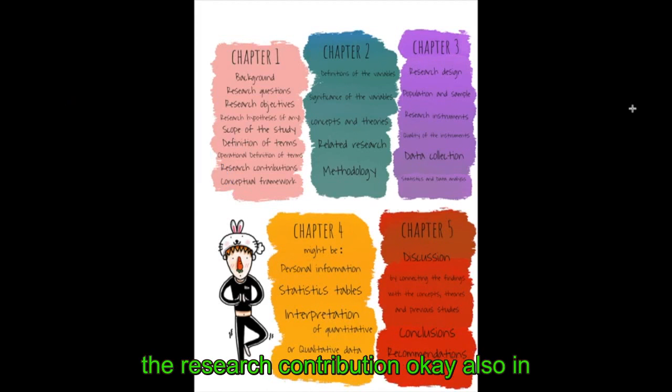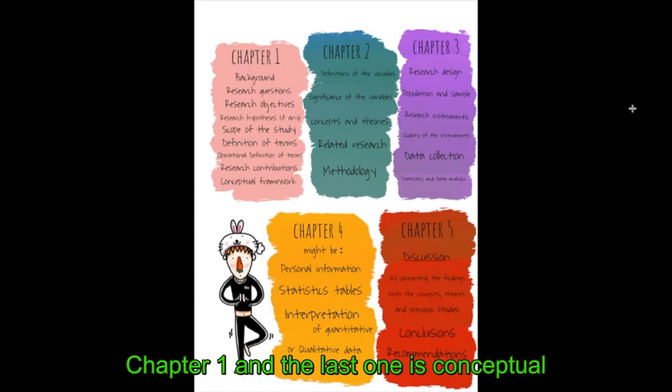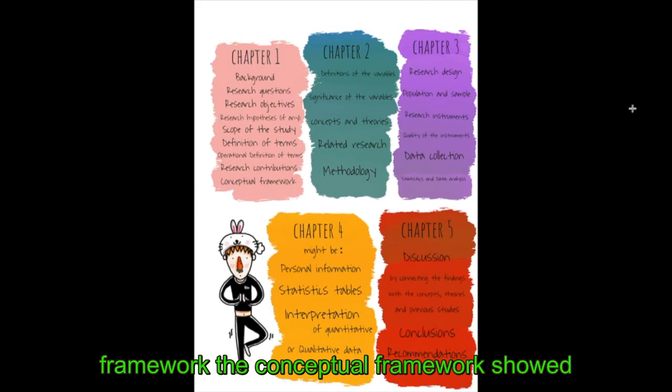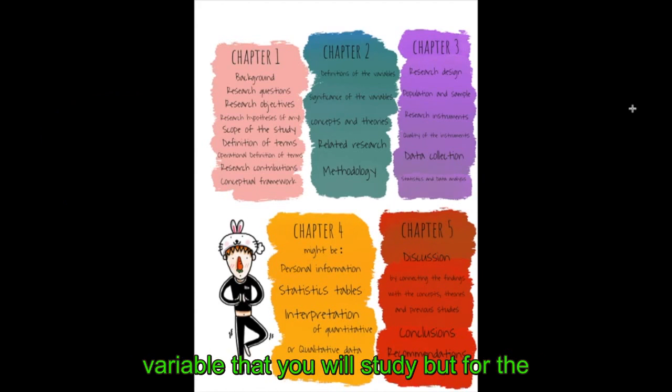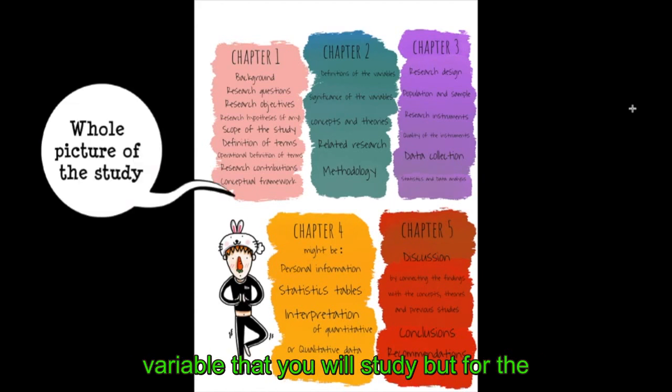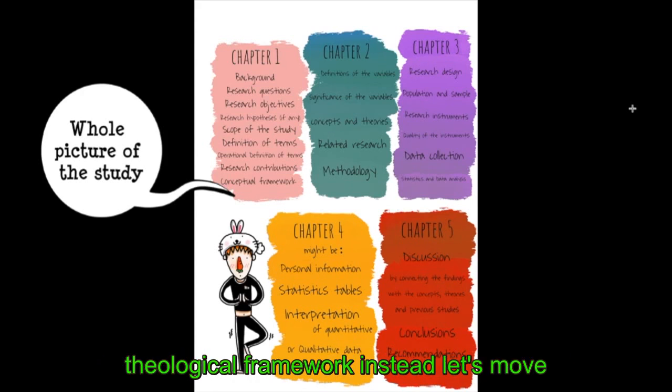For the research contributions, okay, also in chapter 1, and the last one is the conceptual framework. The conceptual framework shows the variables that you will study. But for qualitative research, we can use a theoretical framework instead.